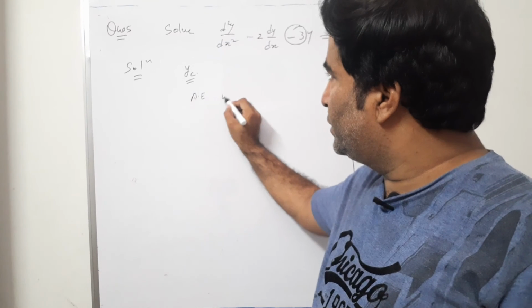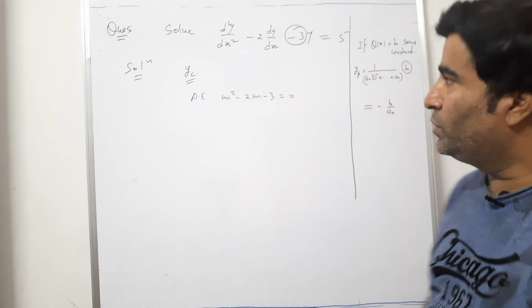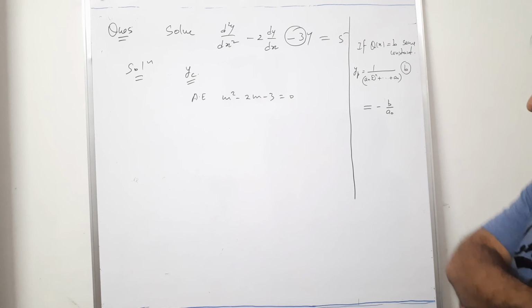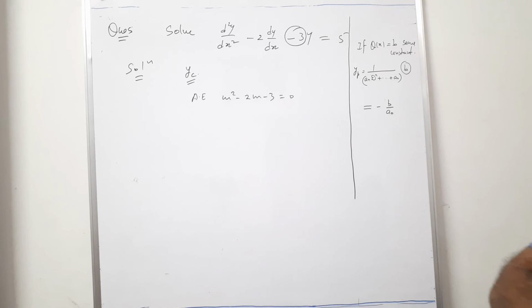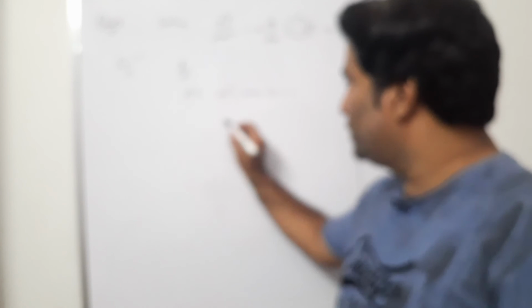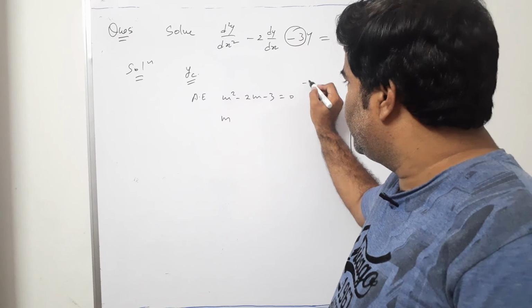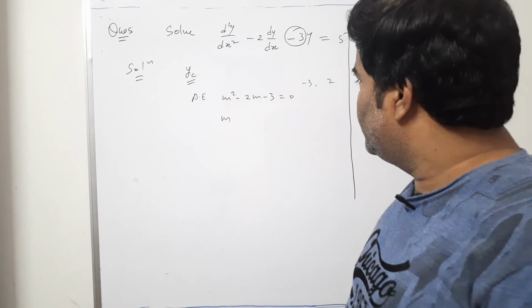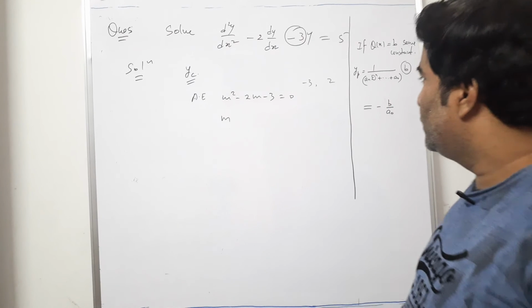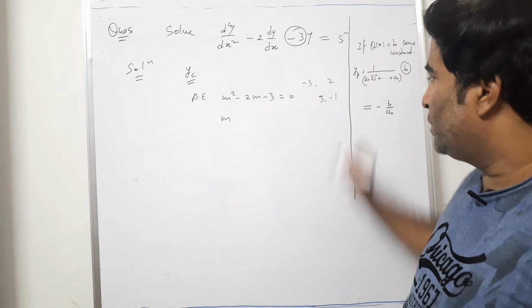To find the complementary function, we find the auxiliary equation m² − 2m − 3 = 0. For the roots of this quadratic equation, the product is −3 and the sum is −2, so we can take 3 and −1.